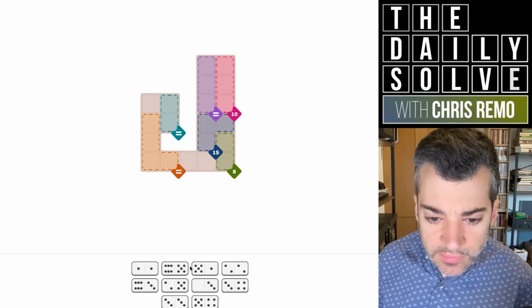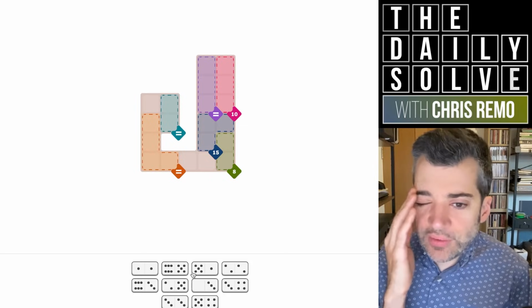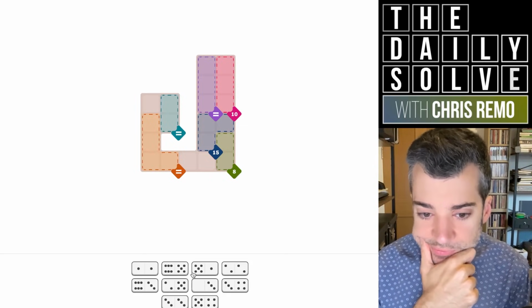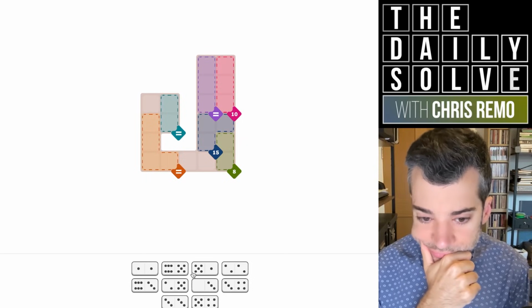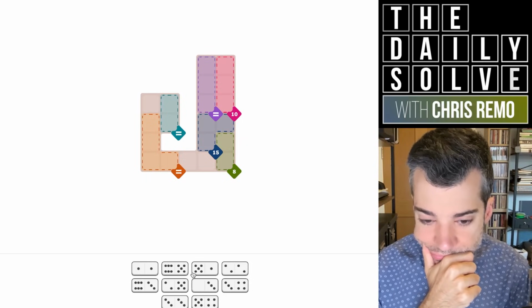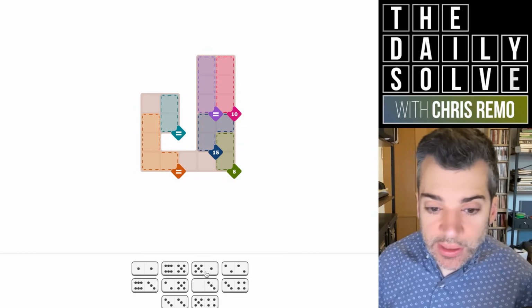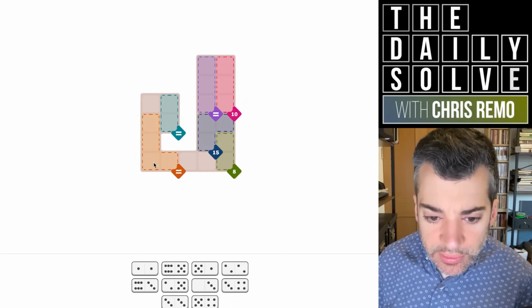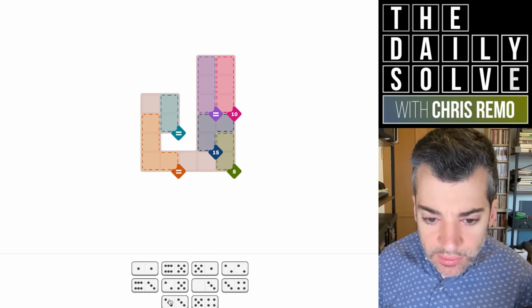Threes could be it. 5s could be it. 5s might be, well, I was going to say 5s might break that 15 region, but that's not true because we could make that out of 2 6s and a 3. Although, no, we can't use 5s because we need a double something for the corner. So 3s it could be, or 2s.